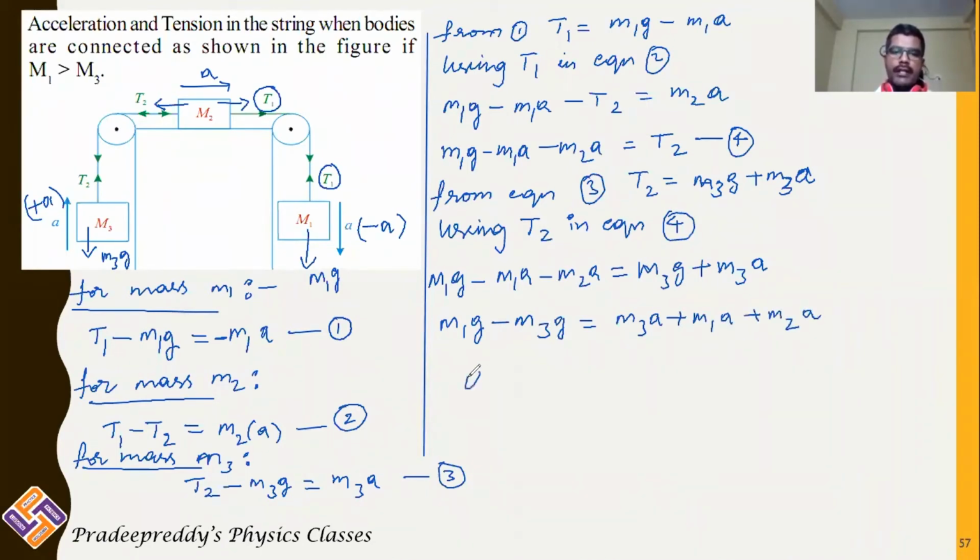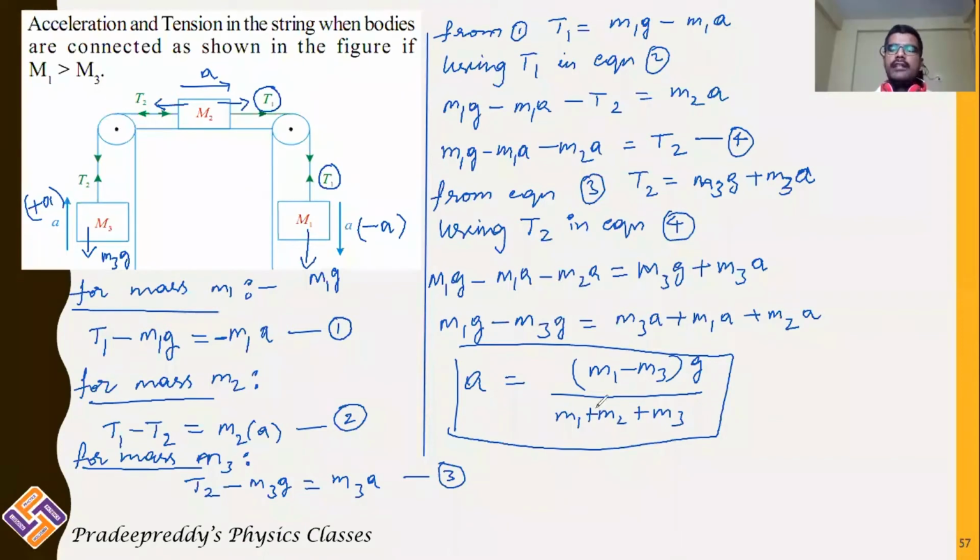From here, acceleration a is equal to (m1 minus m3) into g divided by (m1 plus m2 plus m3). This is the common acceleration for all 3 masses. Then use this acceleration in equation 2 or equation 1 to find tensions T1 and T2.